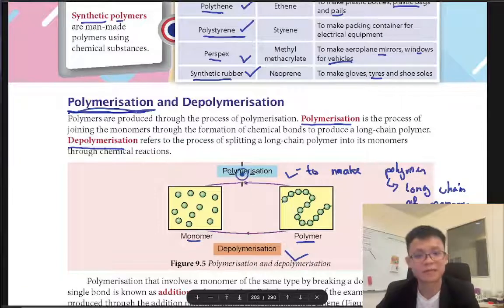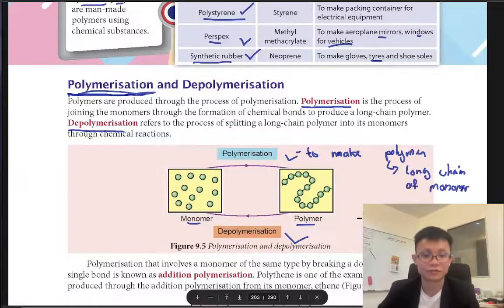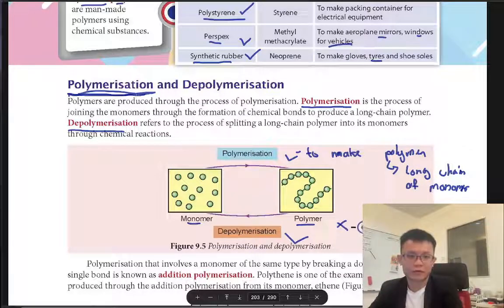Of course, you can say polymerization is to make a long chain of monomer. Up to you lah, as long as you understand what you are answering. Depolymerization is the opposite. Okay, it's don't want to make the polymer, and you don't want the long chain.